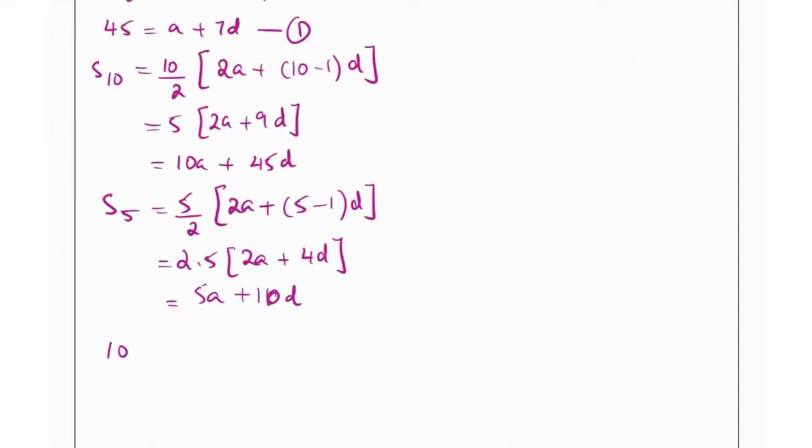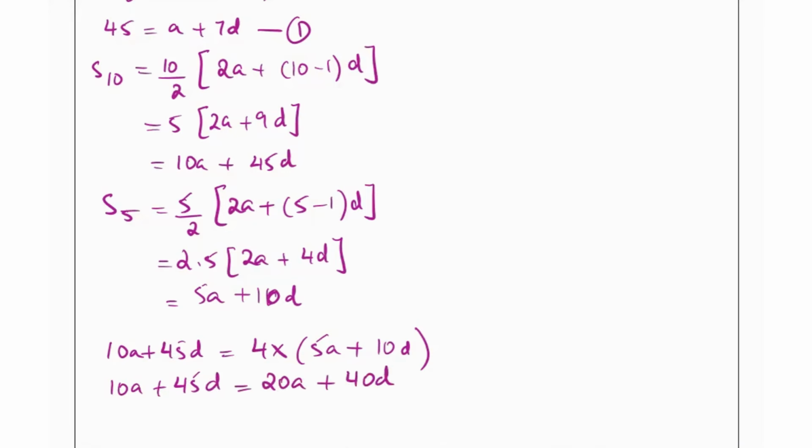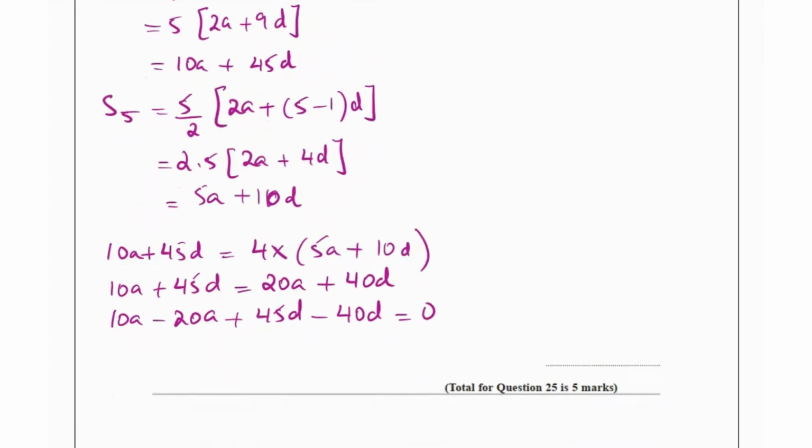So 10a plus 45d is 4 times 5a plus 10d. That's what the question says. Let's expand it: 10a plus 45d is 20a plus 40d. Bring them all on one side. So 10a minus 20a plus 45d minus 40d equals 0. That's going to be negative 10a plus 5d equals 0. This is our second equation.